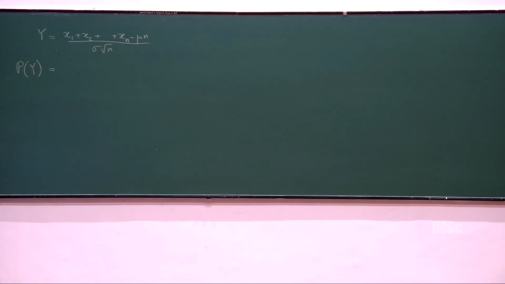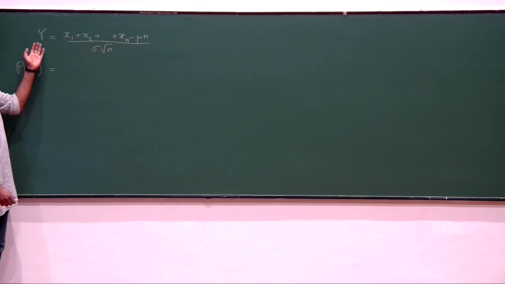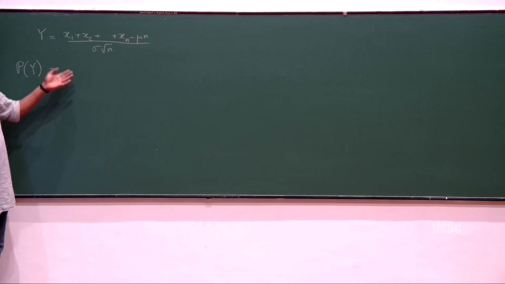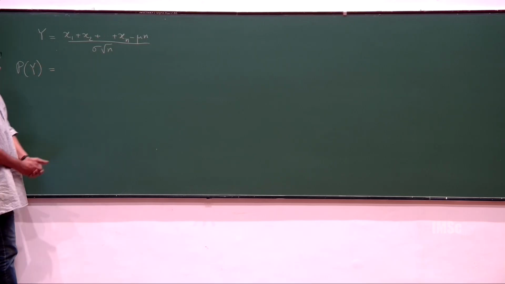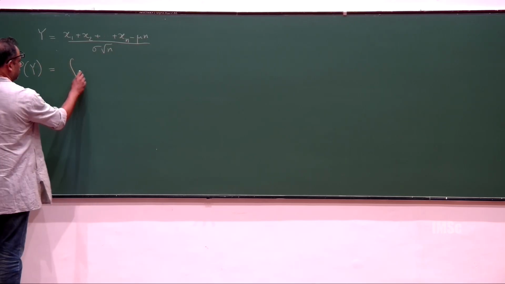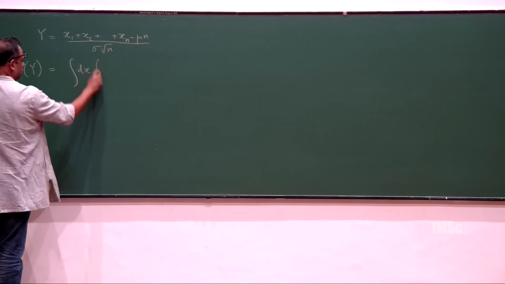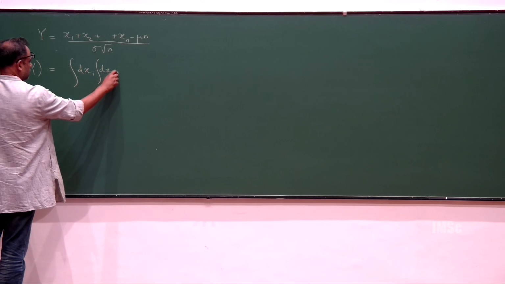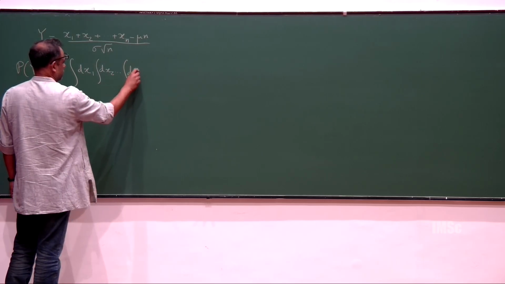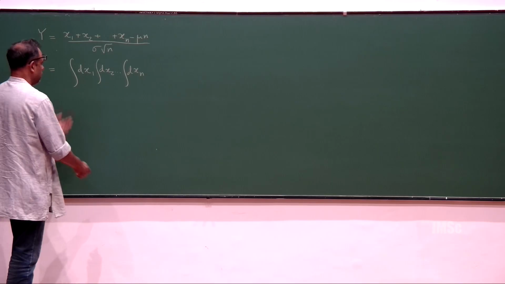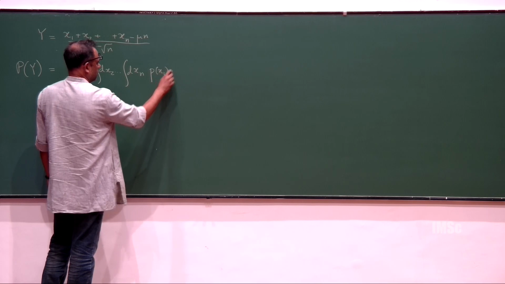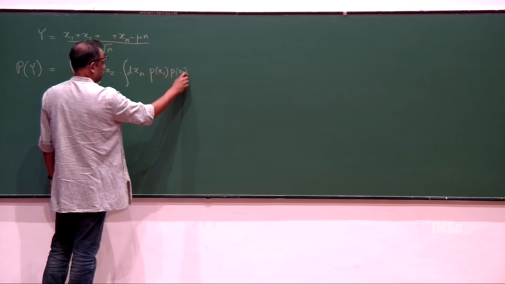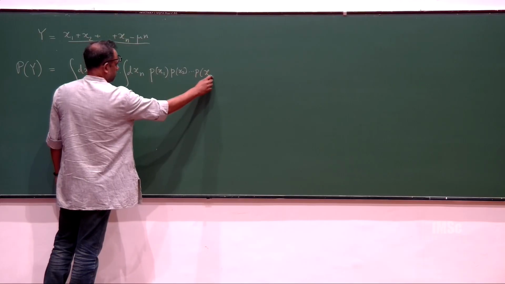Whenever you have some quantity which is a function of many random variables and you want to compute its probability, you just have to sum over all the realizations which lead to y, and that is the answer. So I do integral dx1, dx2, dxn. Then for each realization, the probability is small p of x1, small p of x2, p of xn.